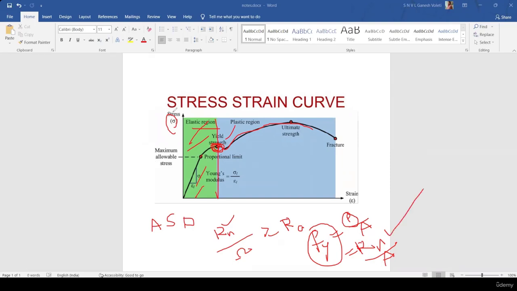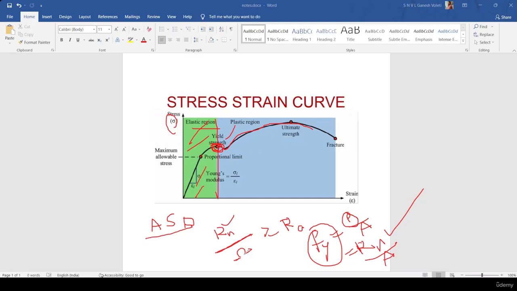This stress strain curve can also be plotted as a load displacement curve, where load will be on the y-axis and displacement will be on the x-axis. In that load displacement curve, Rn will be at this point. If we see ASD, the factor omega will always be greater than 1.